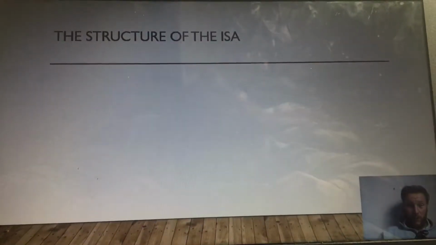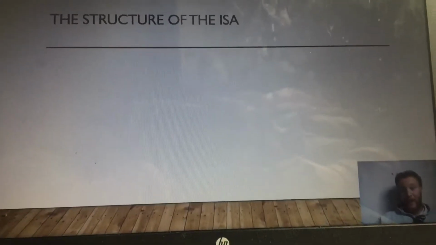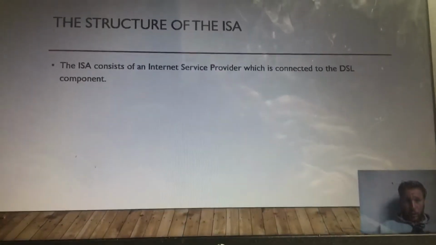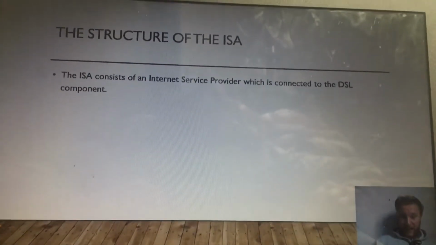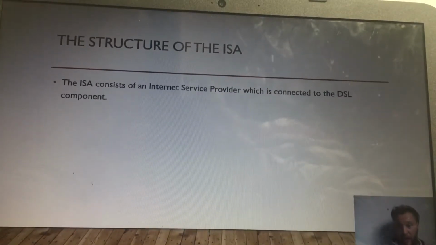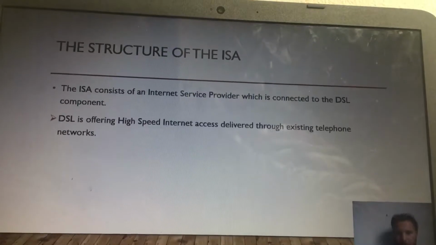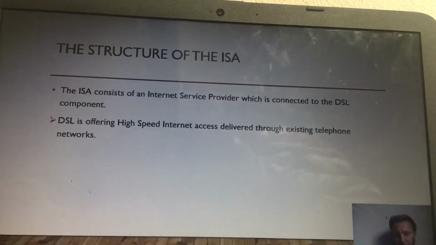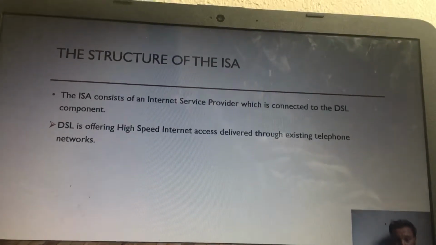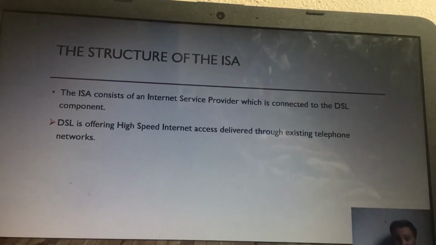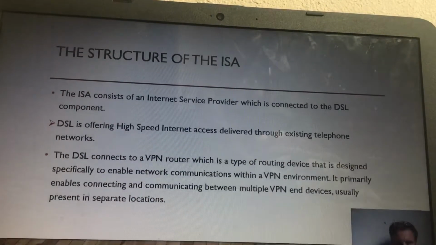Next, let's talk about the structure of the ISA. We already mentioned the ISA consists of an internet service provider, which is connected to the DSL component. The DSL component offers high-speed internet access delivered through the existing telephone network.